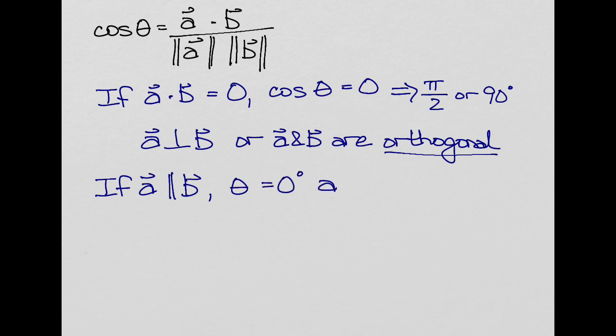And if that's all 1, then that means A and B must be scalar multiples of each other. If you think about that, if A and B are going in the same direction, then one's longer, one's shorter, so A is a scalar multiple of some kind of B. So we can tell something about the angle between two vectors just by looking at the dot products.